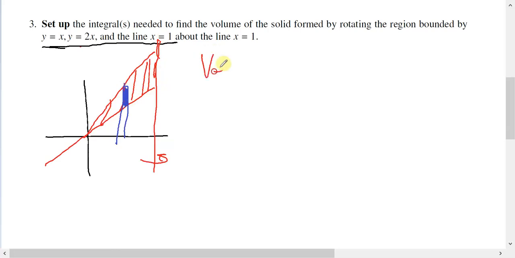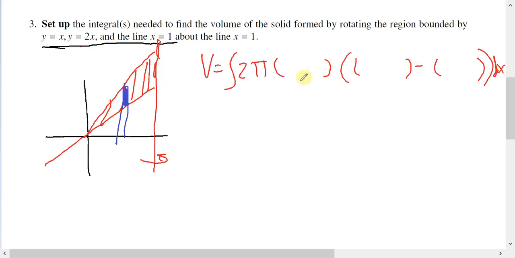So my volume is going to equal integral 2 pi, and then I'll have to do radius. And because part of this is in this region, part's not, this is where I do the subtraction of heights of those shells. So there'll be a subtraction going on here. And this is dx. Okay, so let's start with these heights because that's the easier part.